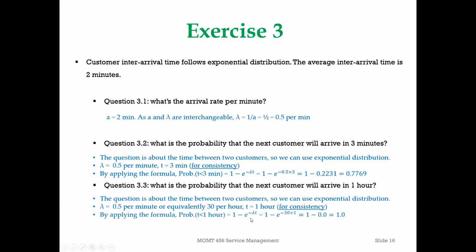We plug in 30 and 1, and we get a number close to 1, because the exponential term is really, really small, so basically you can ignore it. It's almost a 100% chance the next customer will arrive in 1 hour.